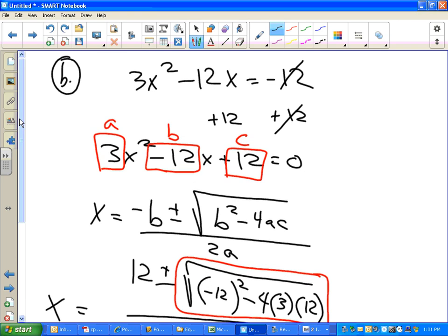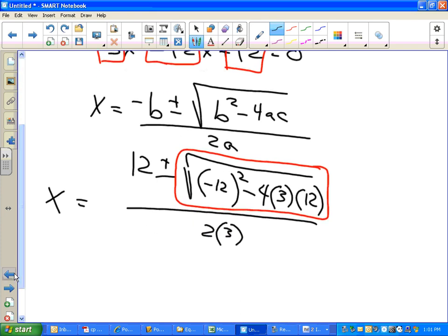For b, we added 12 to both sides, so we have positive 12 for c, right? Here's c, positive 12. No, you got to get c on the left for these. It's got to look like this.